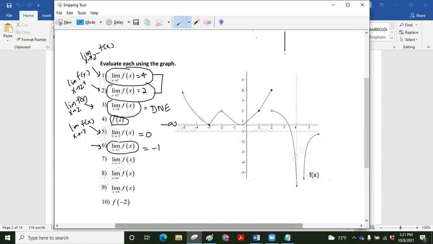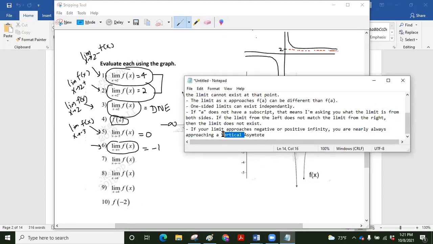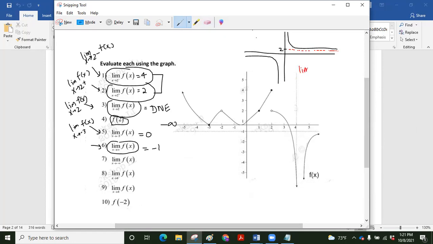Just for the sake of an example, if I had something like this, and let's say this is +2. Or not a vertical asymptote, but a horizontal asymptote. I should say horizontal. If I asked you, what is the limit as x approaches infinity of f of x, what would that be equal to?